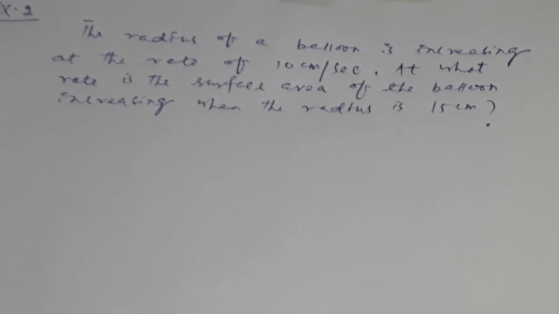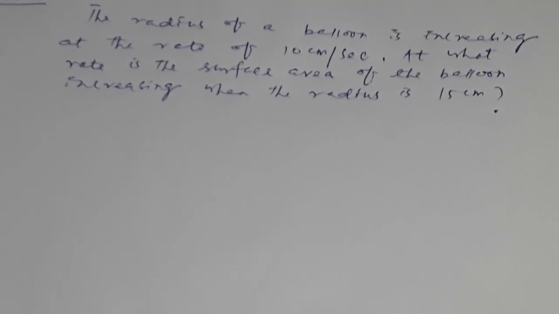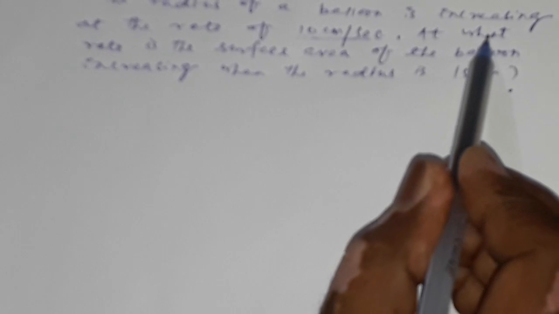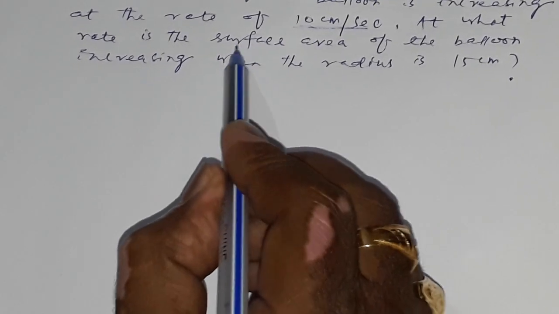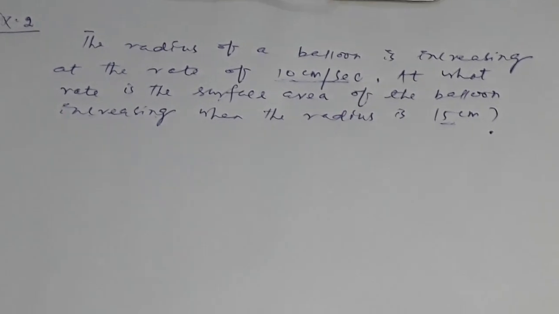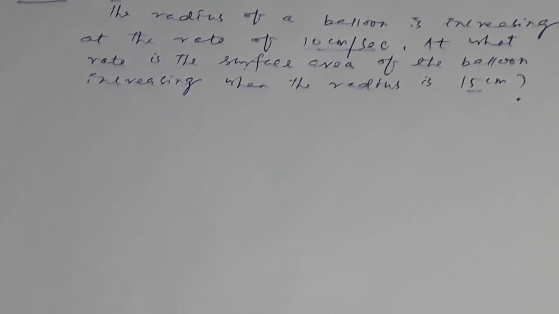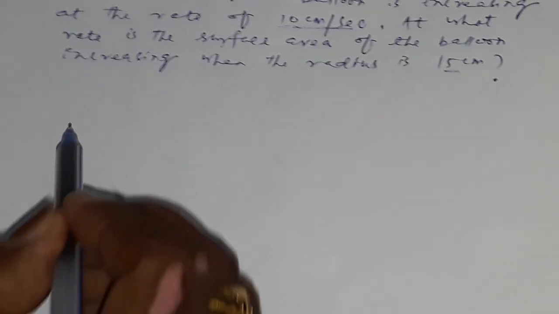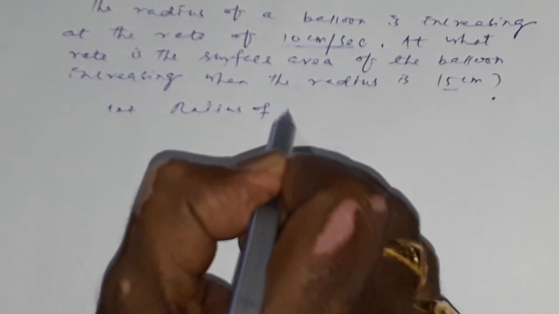Other example, the radius of a balloon is increasing at the rate of 10 cm per second. At what rate is the surface area of the balloon increasing when the radius is 15 centimeter? Let r be the radius and s be the surface area of the balloon at any time t.